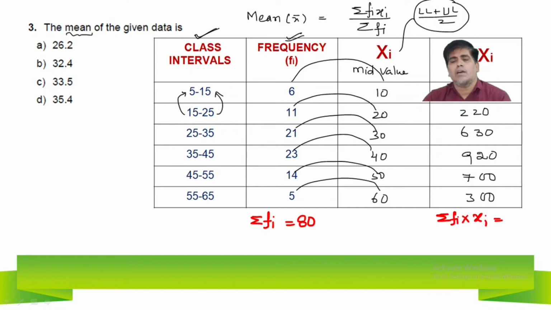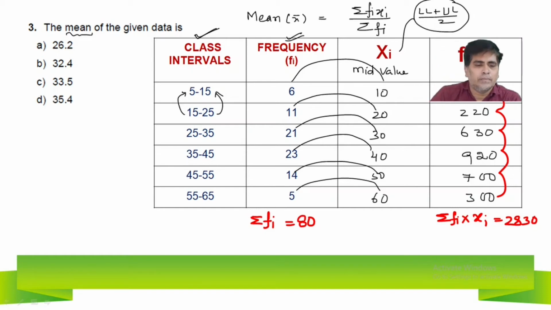So what is sigma fi xi? This is the sum of all these numbers, which you get as 2830. Once you cross check whether you are getting the same sum or not. So I got sigma fi as 80 and sigma fi xi as 2830.